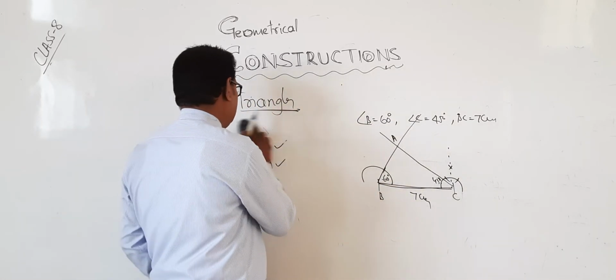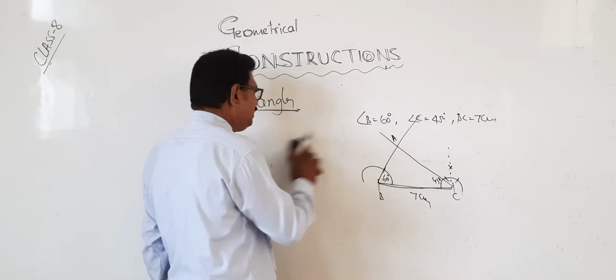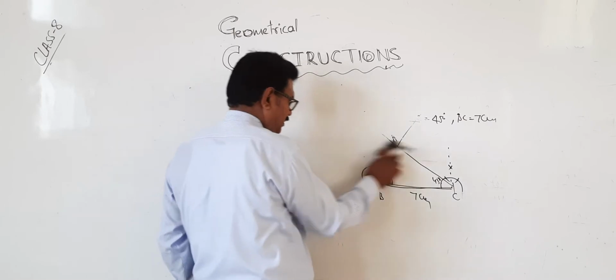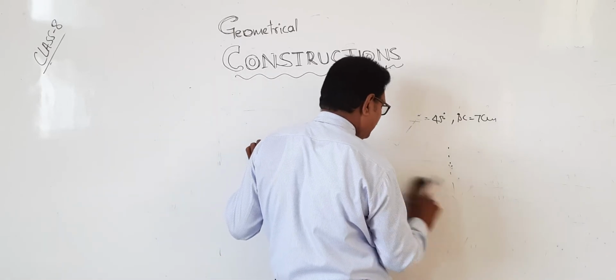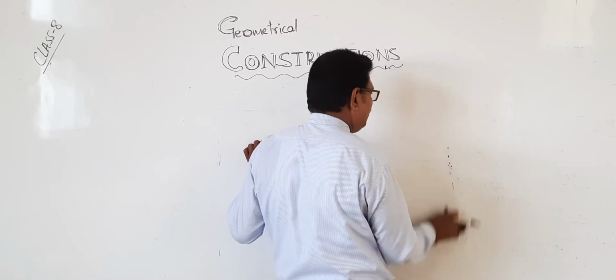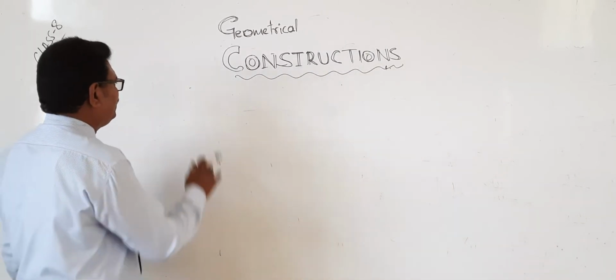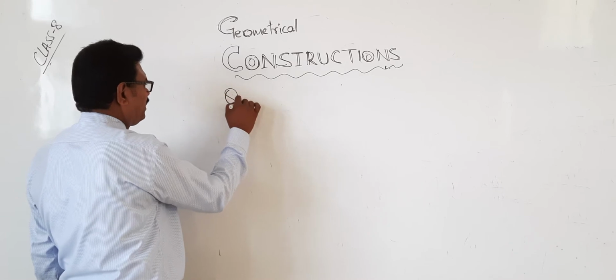So these three types of constructions you have seen in the 7th standard. Now in 8th standard, what we are going to learn is very important. First one is quadrilaterals.